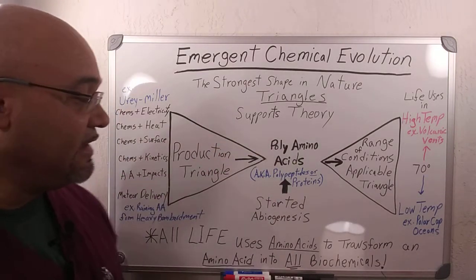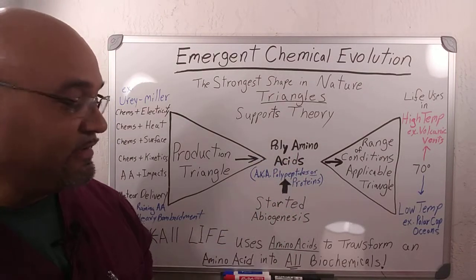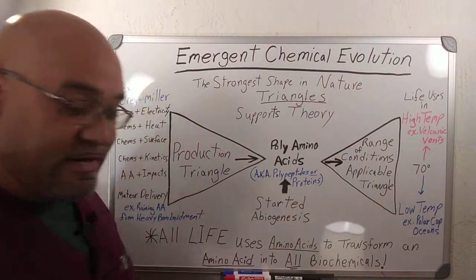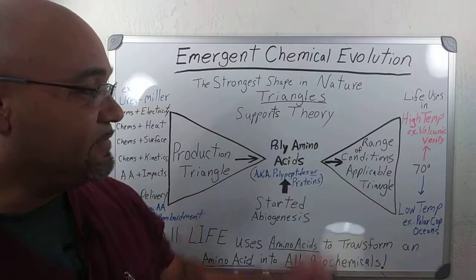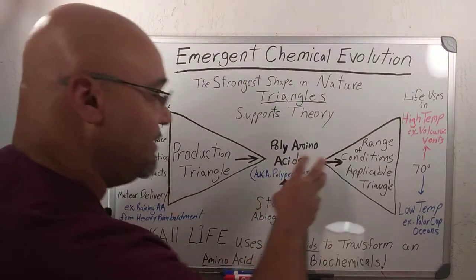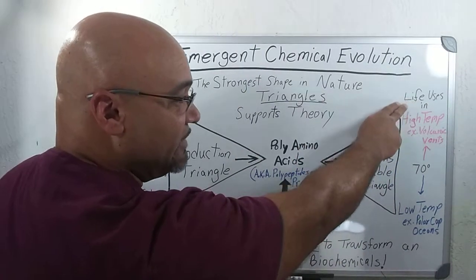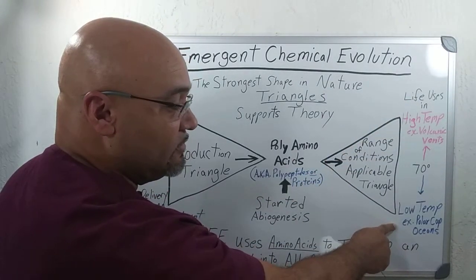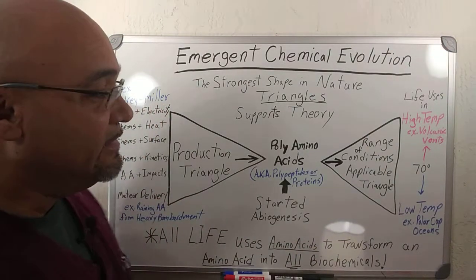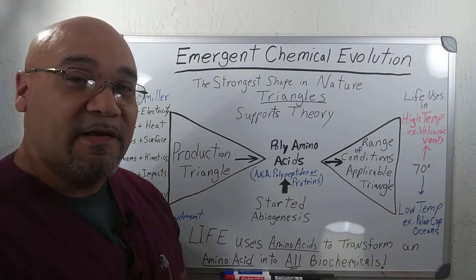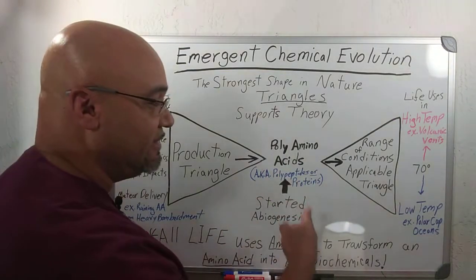Now, I mistakenly claimed that abiogenesis would start here, but no. After reviewing this setup, to better explain why polyamino acids are better and how life uses them from extreme volcanic heat to extreme Arctic cold, I discovered that no, life wouldn't start here.